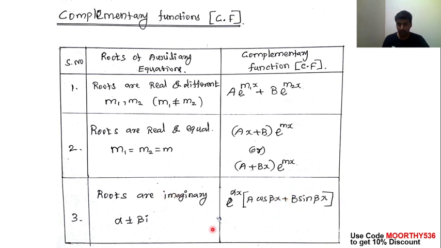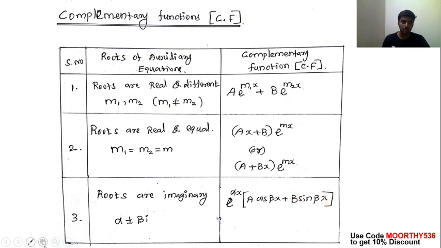In this previous problem, it is minus 1 plus or minus i, so alpha is equal to minus 1. This is the formula for the complementary solution: e power alpha x into a cos beta x plus b sin beta x.